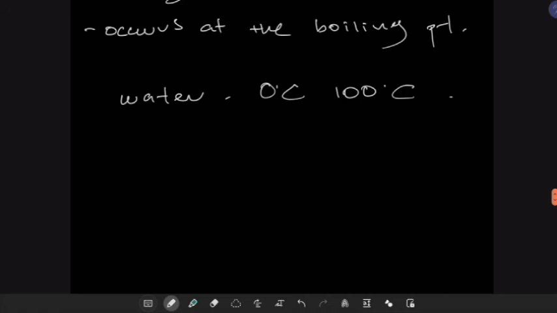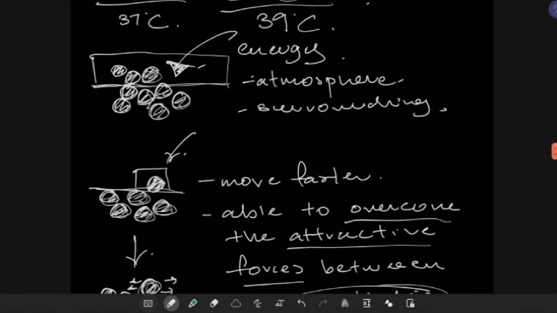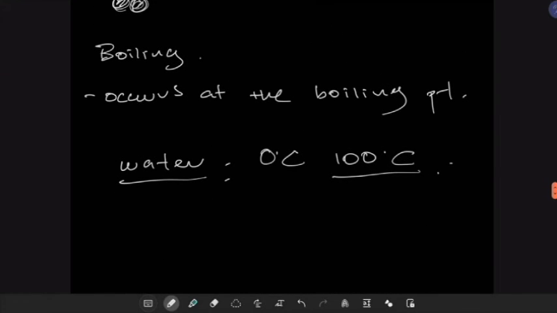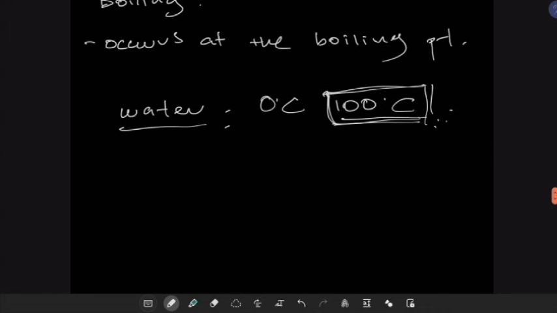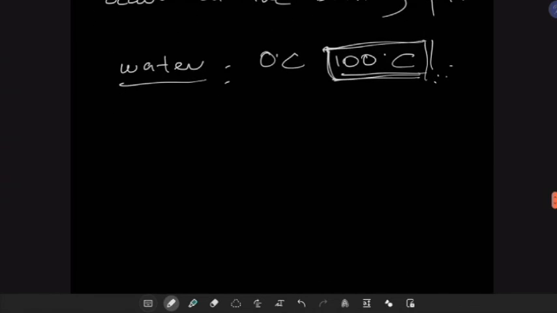Right? So water will only boil at 100 degrees Celsius. It does not occur at a range of temperatures like evaporation. It only occurs at the boiling point or at a further time from this. So 100 degrees Celsius and above.